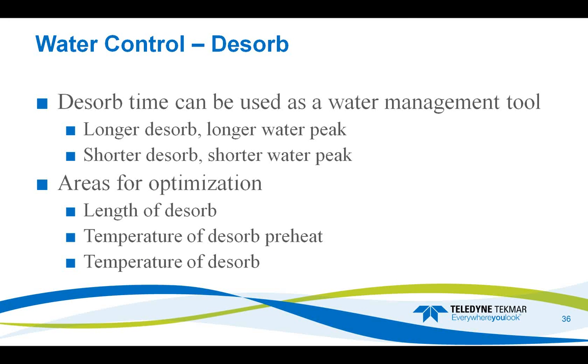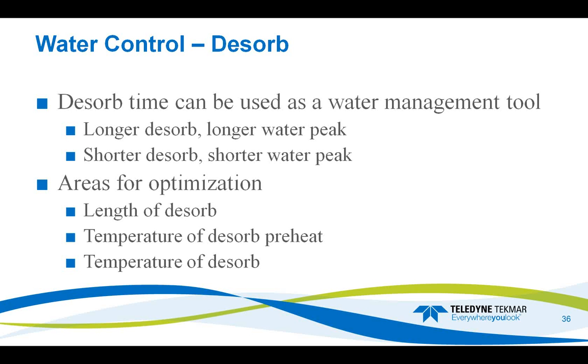So finally, that brings us to desorb. And desorb is our last and often one of our greatest tools for controlling water here, in that we can adjust our desorb time to help adjust the amount of material that we put onto the GC.